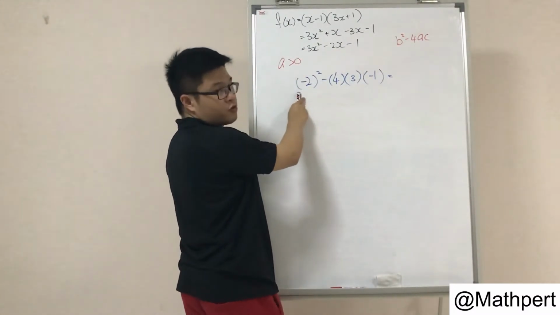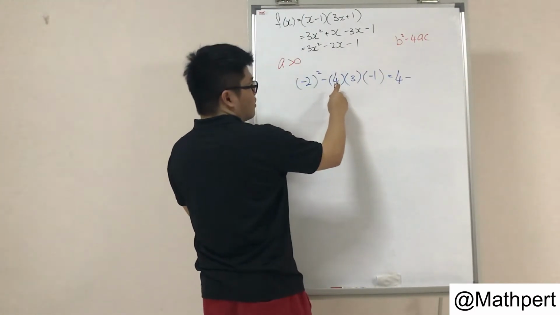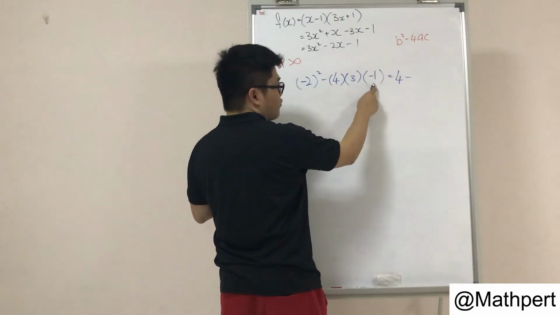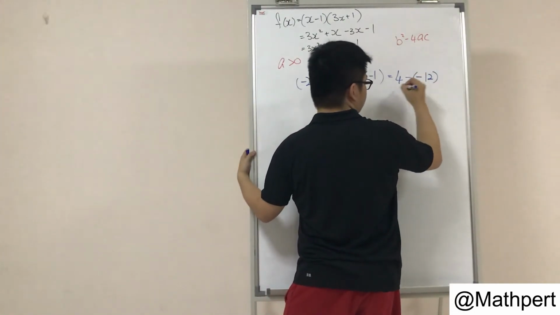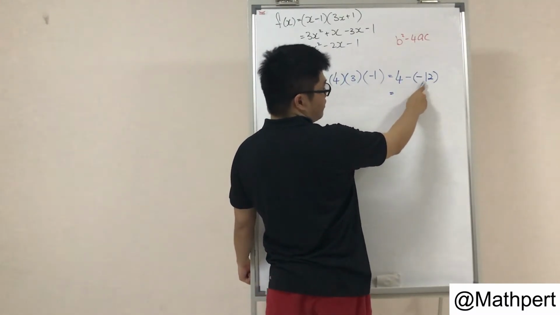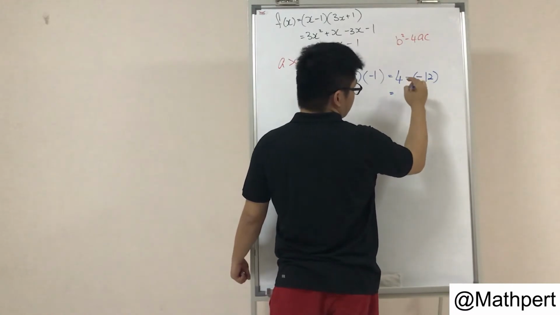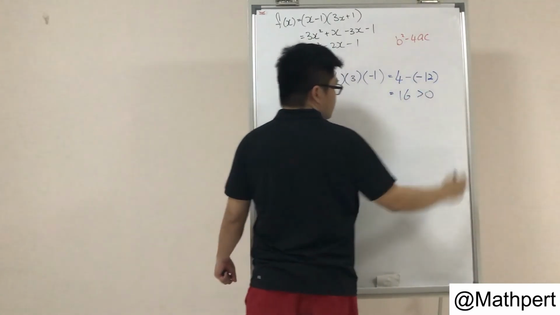Negative 2 squared will be 4, minus 4 multiplied by 3 multiplied by negative 1, which will be negative 12. And negative becomes positive. So this is 4 plus 12 is 16, which is bigger than 0.